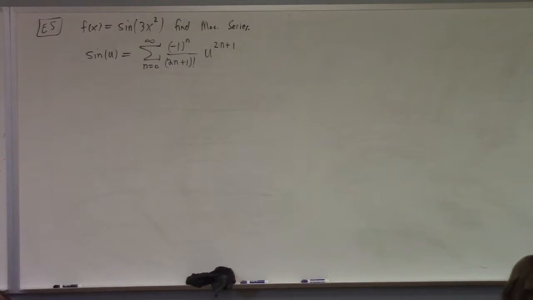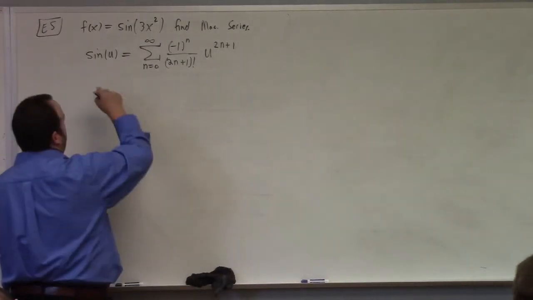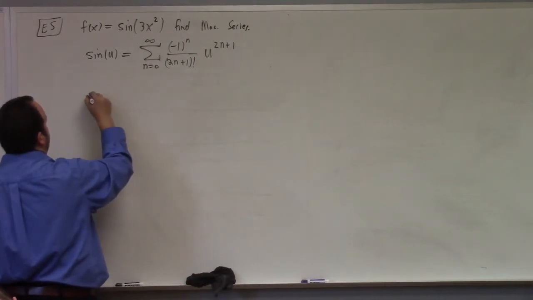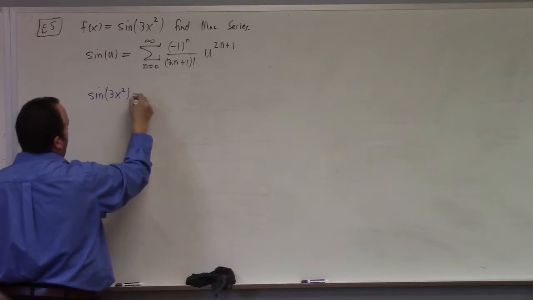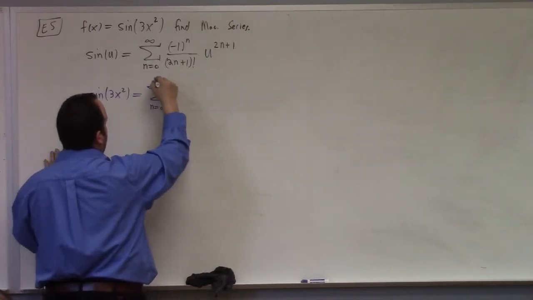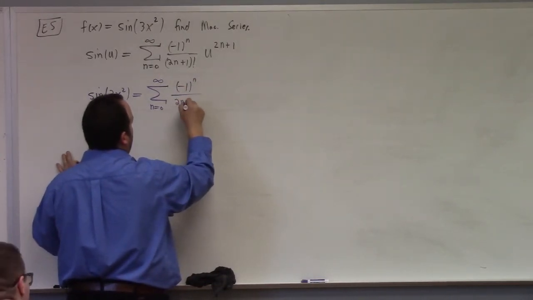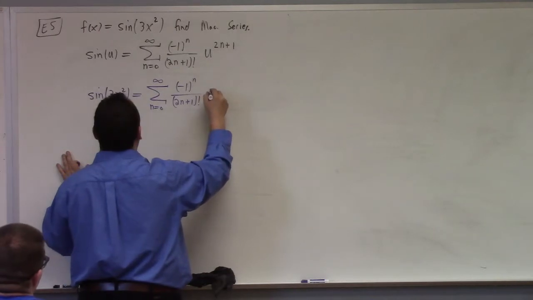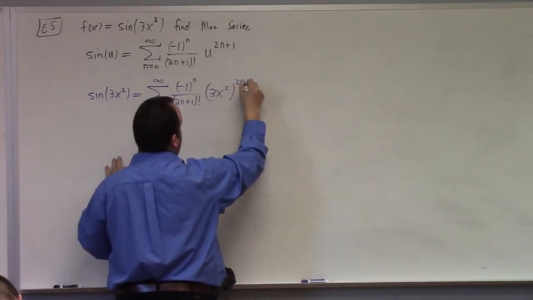Reasonable substitutions. This is a reasonable substitution. And so doing, we find that the sine of 3x squared is equal to the sum, n equals 0 to infinity, of minus 1 to the n over 2n plus 1 factorial, 3x squared to the 2n plus 1.